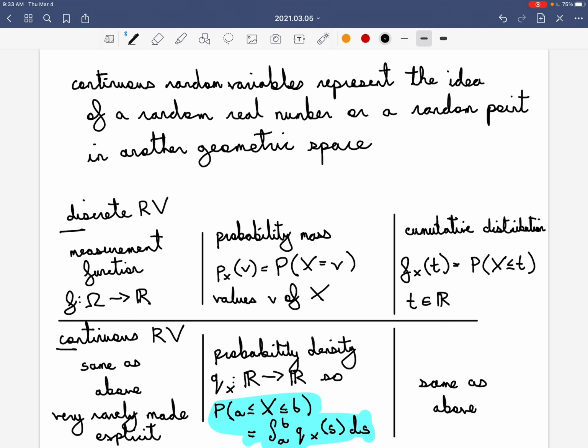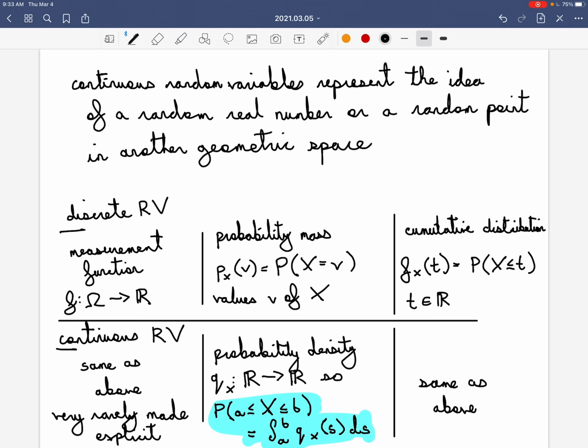You should think of probability densities as the main way of defining continuous random variables, and I would even go so far as to say you should just pin your idea of a continuous random variable down to this concept of probability density. So anytime I'm thinking about a continuous random variable, what I want to do is think about a probability density. And what's a probability density?